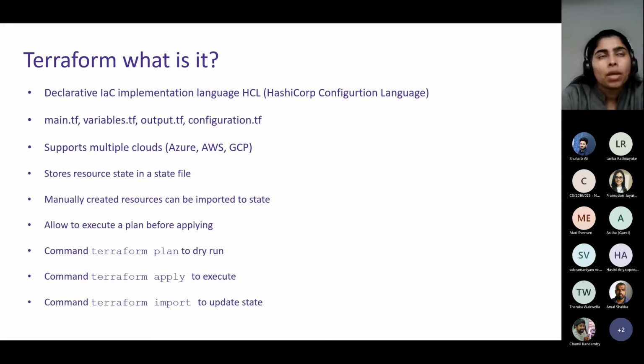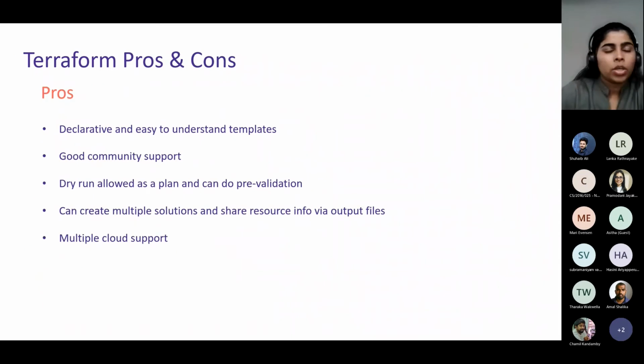It also mentions how many changes you are going to make, and how many resources you are going to destroy. Likewise, a lot of information is displayed when you use Terraform plan before doing Terraform apply. So let's go in.